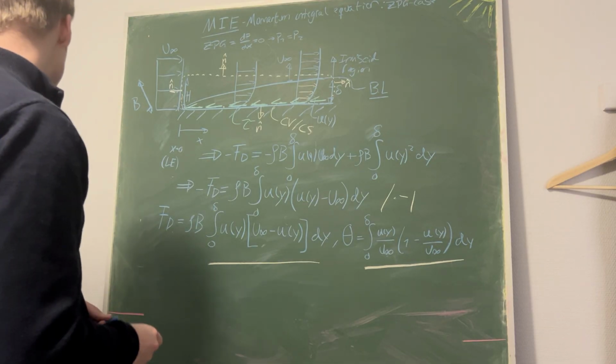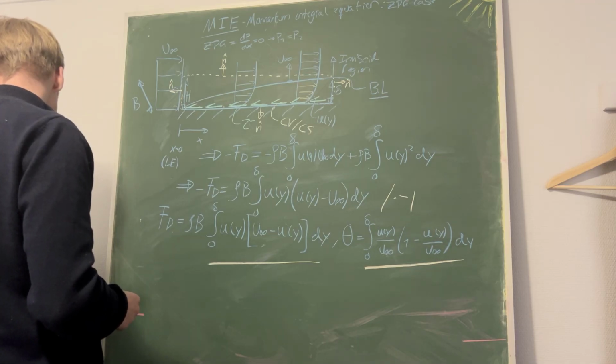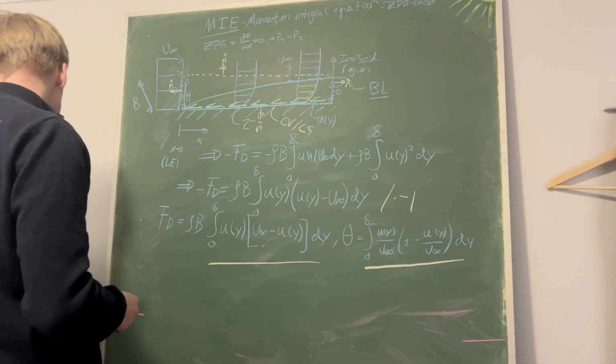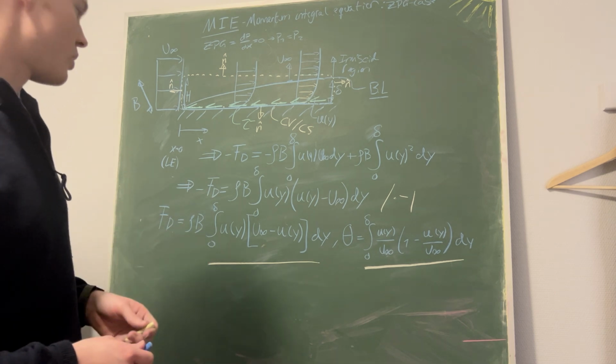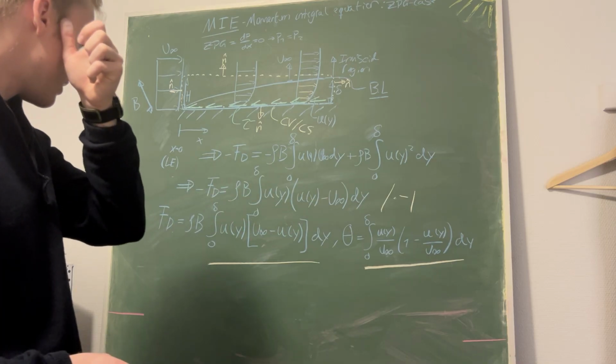And what we are basically missing here is, well, it's a factor of u infinity squared we are missing, if you compare this one to this one.